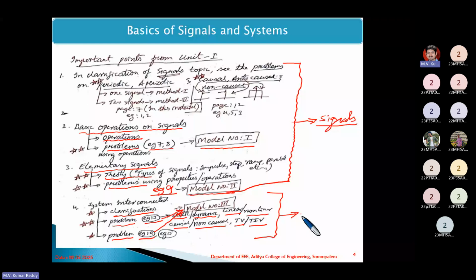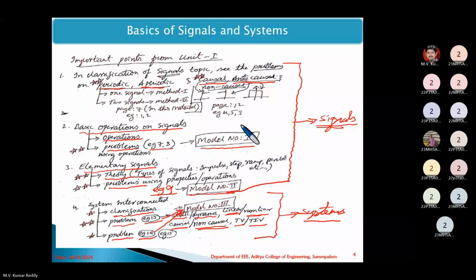So in signals, we have periodic, aperiodic, causal, anti-causal. In systems also, we have causal, non-causal, linear, non-linear. For signals, we have causal, non-causal. For systems also, we have causal, non-causal. This is very, very important.